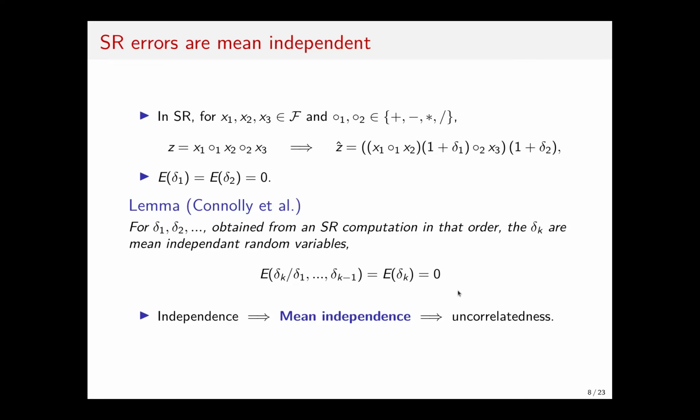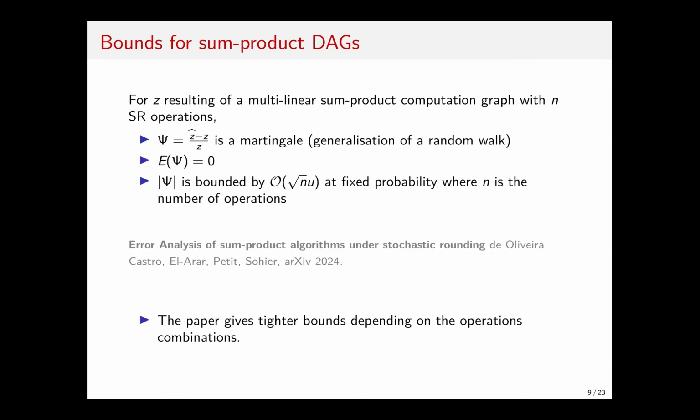Mean independence is a property that is between independence, which is much stronger and which we don't have here, and uncorrelatedness, which is a weaker property. And this is very strong because we can use this to show that in many algorithms, we have an unbiased result when we use stochastic rounding.